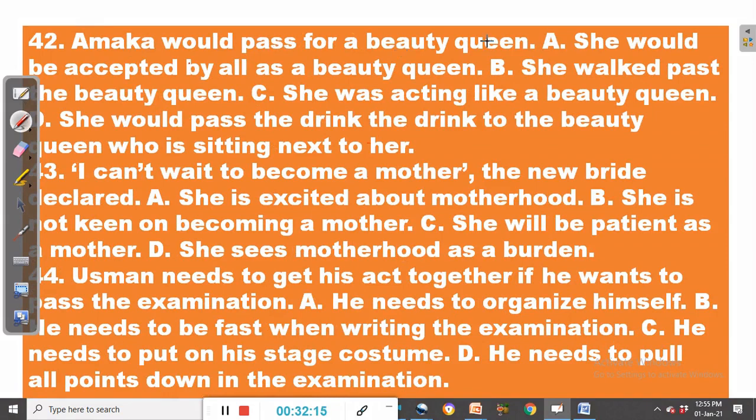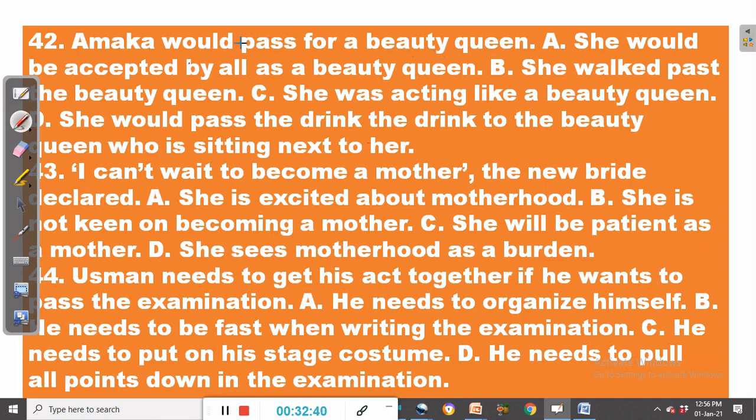Amaka would pass for a beauty queen. Would pass for a beauty queen. You know, what image do we get from this? If you pass for something, it means that yes, people could actually accept you to be, people could see you as a beauty queen.